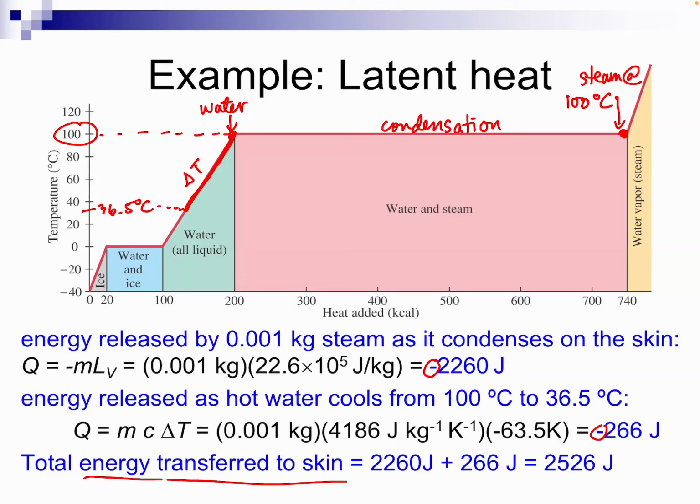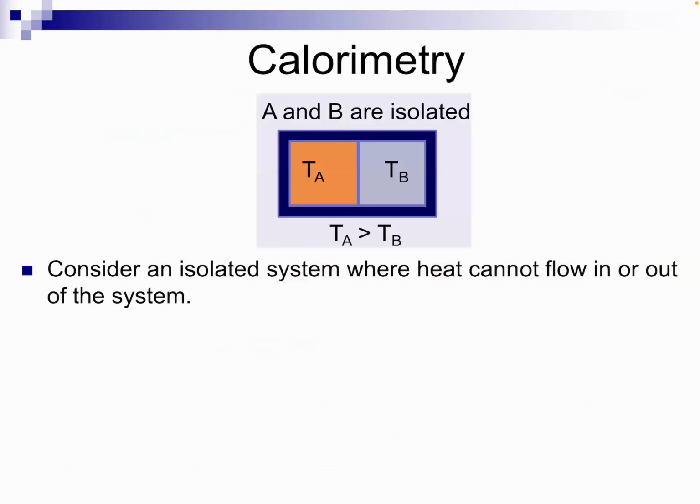So we've learned how to use Q equals mc delta T and how to use Q equals mL. Now we've been saying that if you have two objects at different temperatures, say object A is at a higher temperature compared to object B, heat will transfer from the hot object to the cold object.